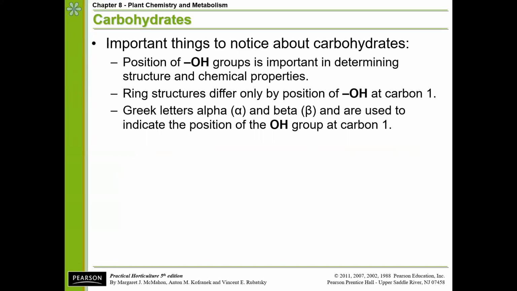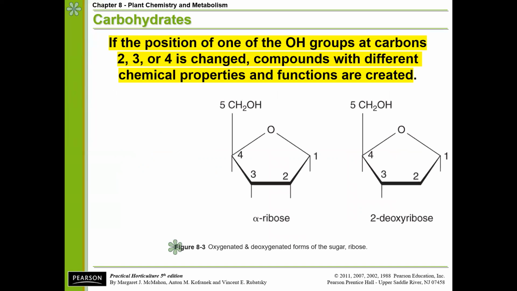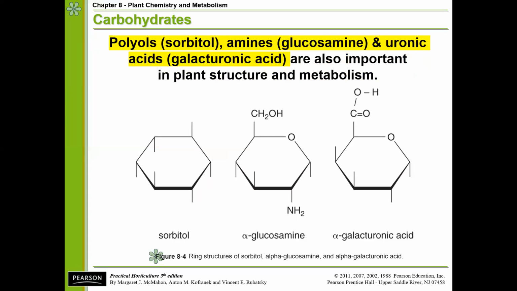So carbohydrates, it determines that ring structure; these are the actual forms that are involved in the plant's metabolism itself. And if we change that structure, then we have a different compound with different chemical properties created. We get down to cellular DNA and RNA, and also the plant structure, from the different chemical structure of glucose itself.